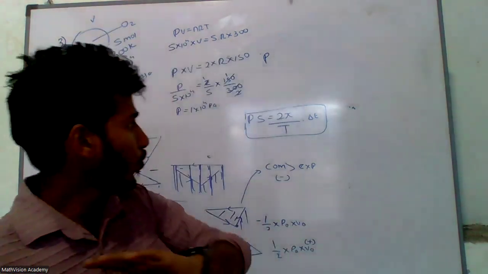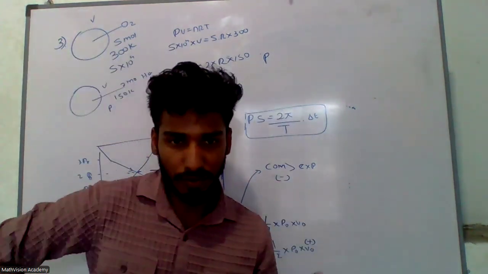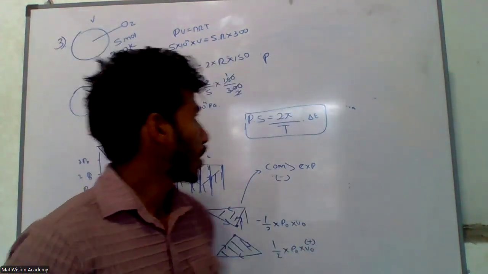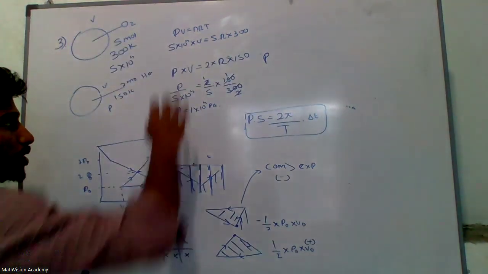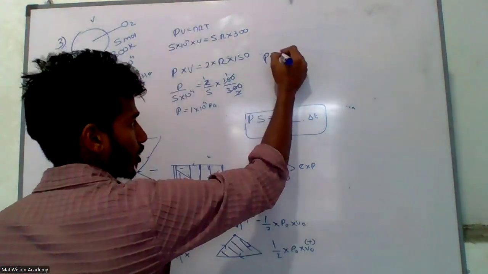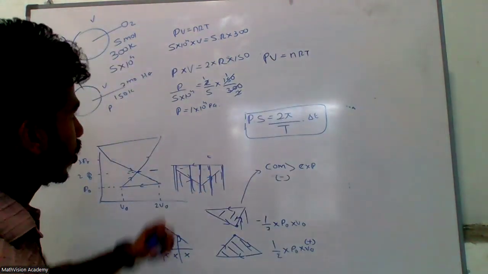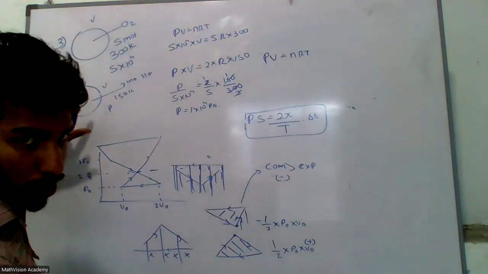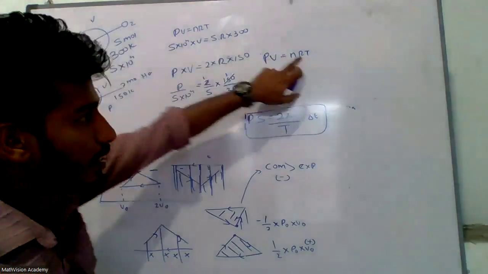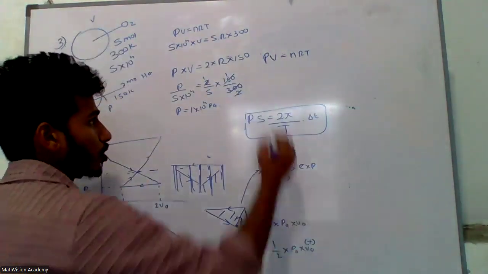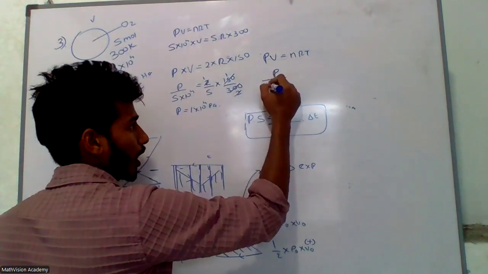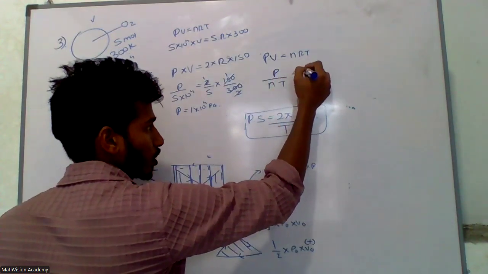Better than writing the equation, this method I feel is easy if you practice well, okay. Now see, my equation is PV equals nRT. Volume is a constant for both of them, same, okay. R is anyways a constant. So what I can write is P over nT is equal to a constant.